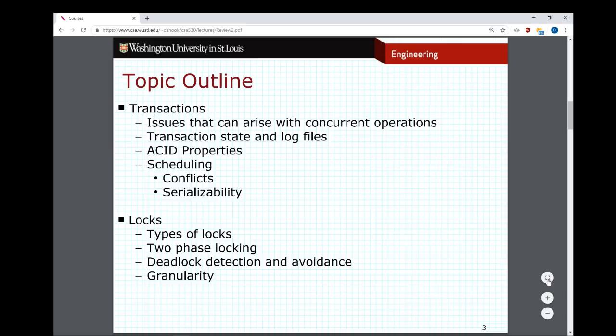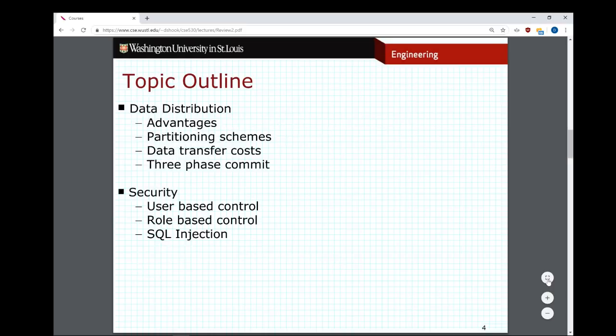But it is a way of signaling to other transactions that I intend to acquire that lock, that I am in the process of acquiring that lock, so that they don't have to waste their time checking to see if the item further down the tree is available or not. Yep. We went through some examples of that in class.